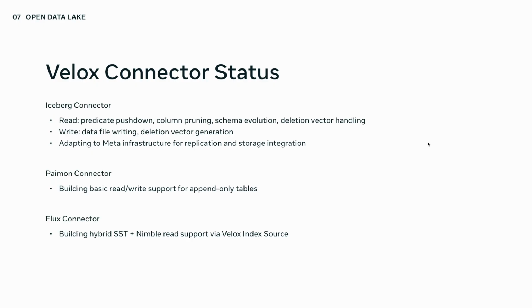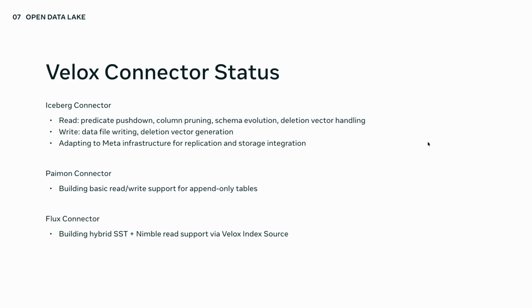Yeah, so last is a quick update on the current connector status. For Iceberg, we are feature complete up to the V3 version. On the read side, we support predicate pushdown, column pruning, field ID-based schema evolution, and deletion vector handling. On the write side, we support data file writing and deletion vector generation libraries.